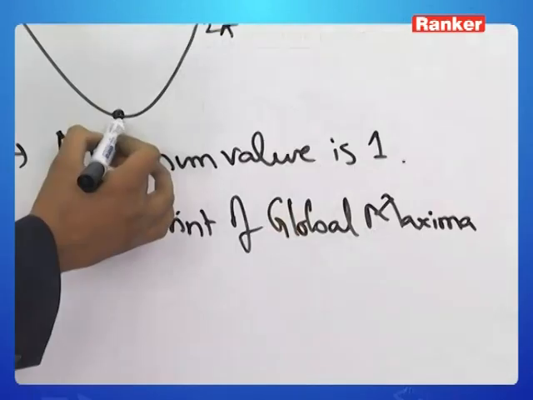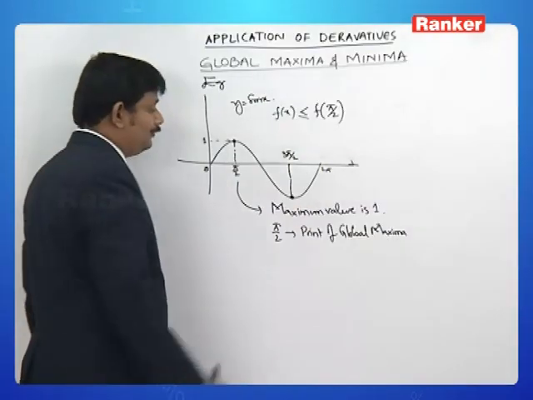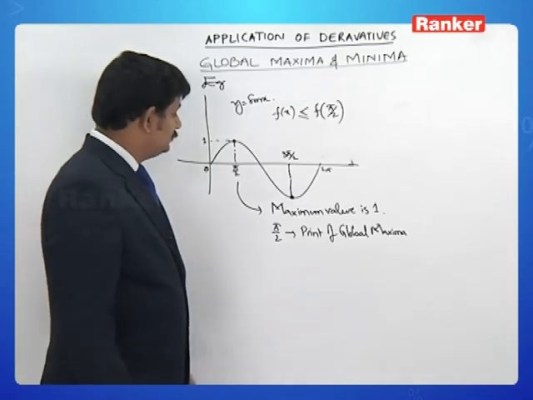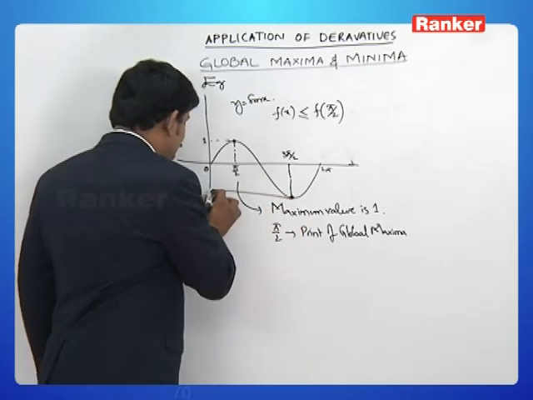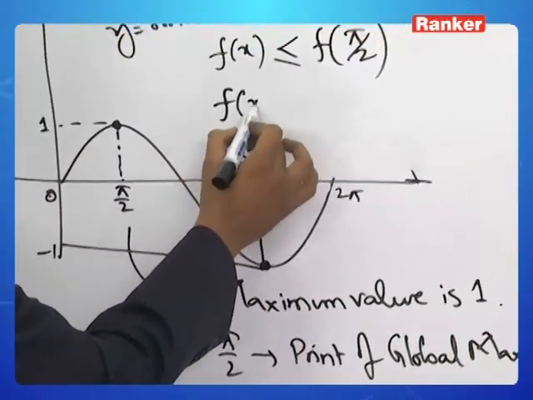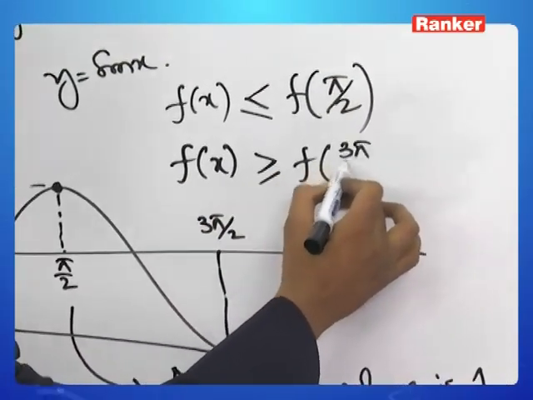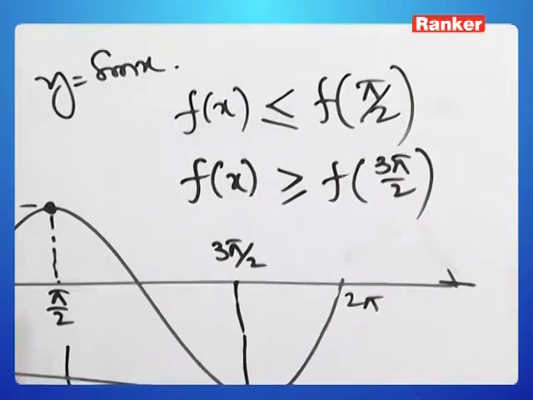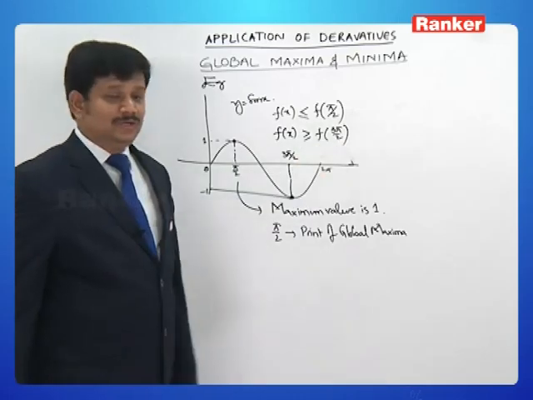Similarly, if you look at the function value at 3 pi by 2, we know it is minus 1, and f of x is always greater than or equal to minus 1. So for all x belonging to 0 to 2 pi, f of x is greater than or equal to f of 3 pi by 2.